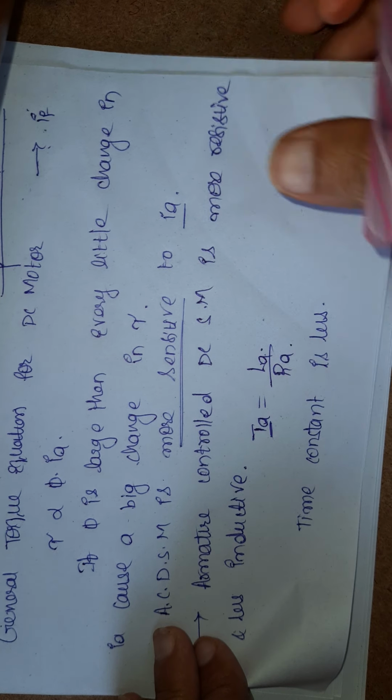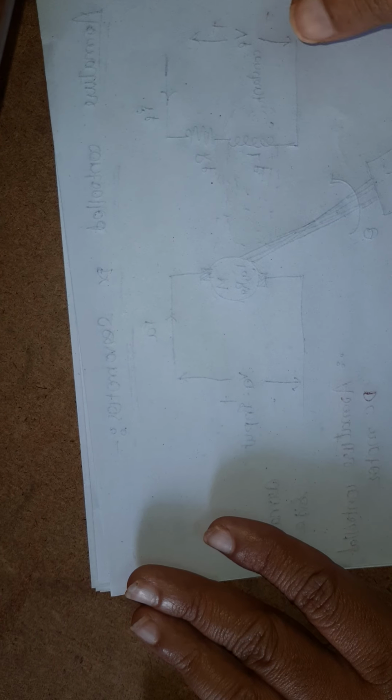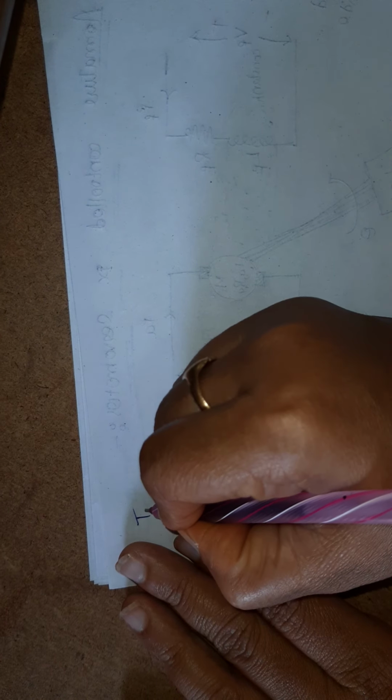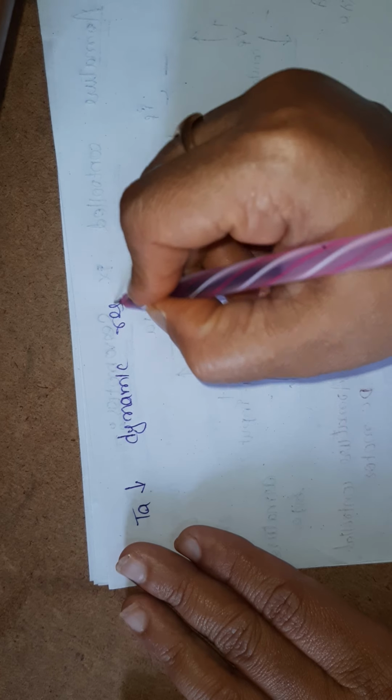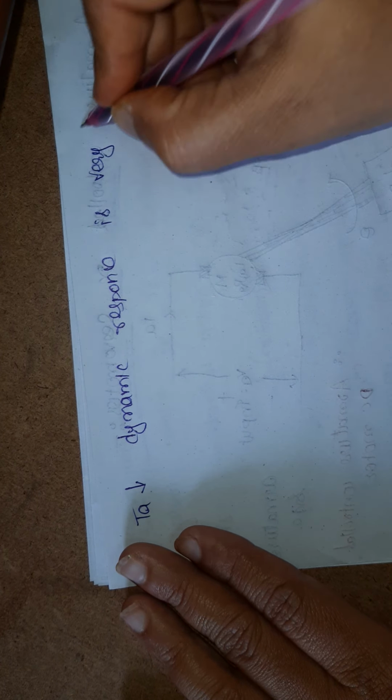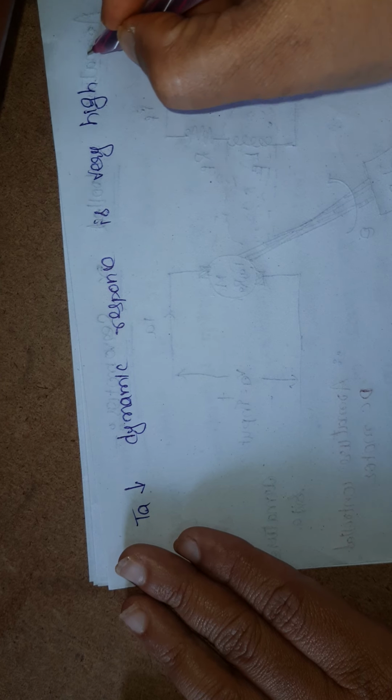to the current IA. So here I can conclude that time constant TA is less, dynamic response is very high for armature controlled.